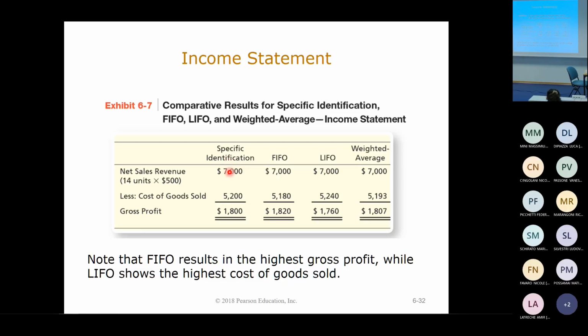Let's forget about the specific identification, which depends on the exact units you're selling, and focus on FIFO and LIFO. Under FIFO, the gross profit is 1,820, and under LIFO it is 1,760. So it's lower because the cost of goods sold is greater. So less profit, less income tax.